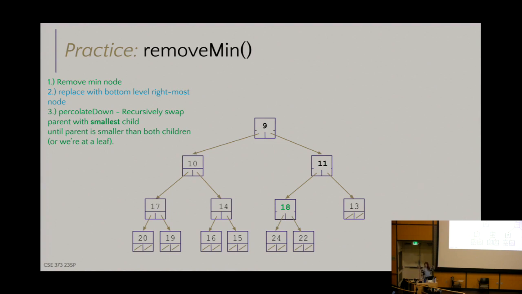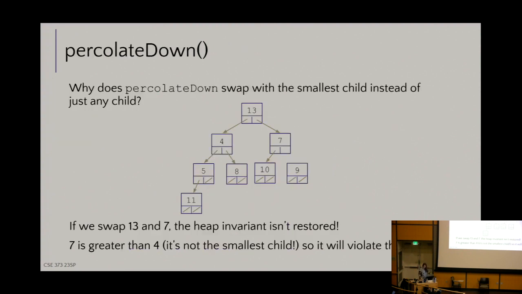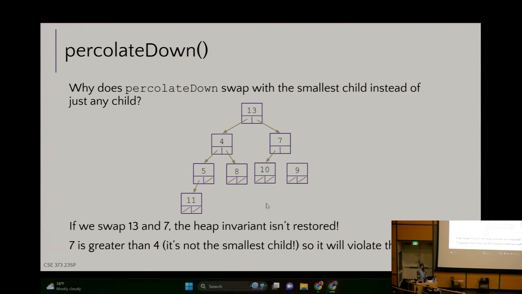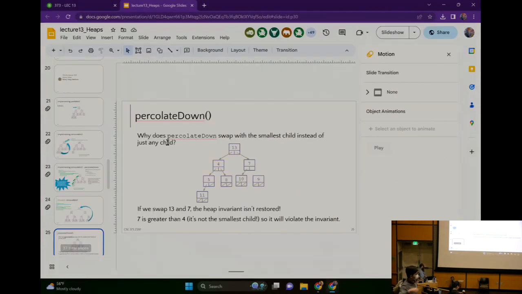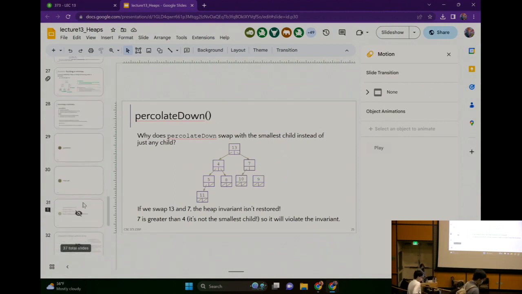Heap maintained. Congratulations. There we go. That is percolate down. Here's more examples. I'm going to end lecture there. Come back on Wednesday where I'm going to show you how to actually implement this without any trees.